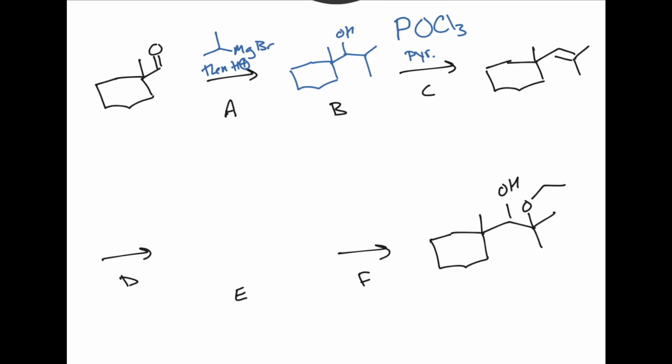Now, I've got to get from the double bond to this alcohol and this ether. How could we do that? How do we know how to make products that we end up with an alcohol and an ether? What functional group do we start with?